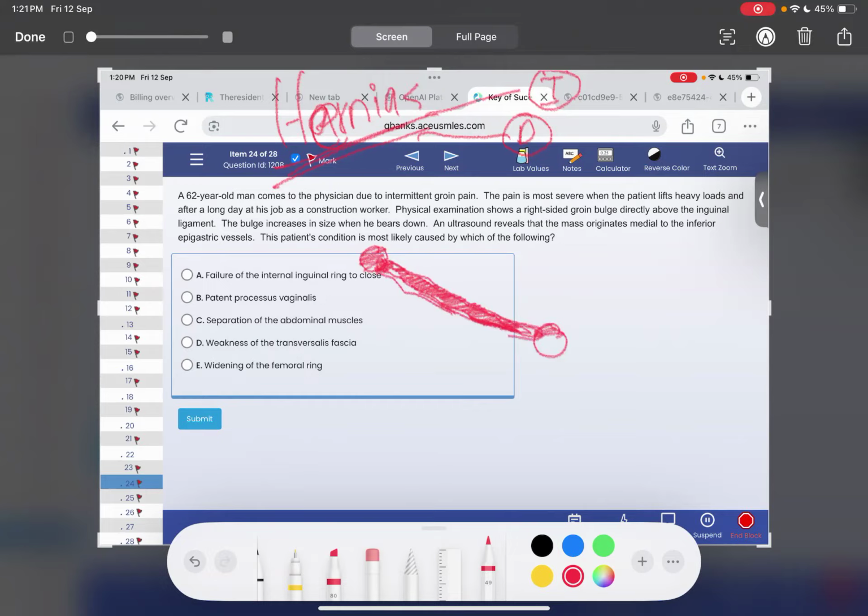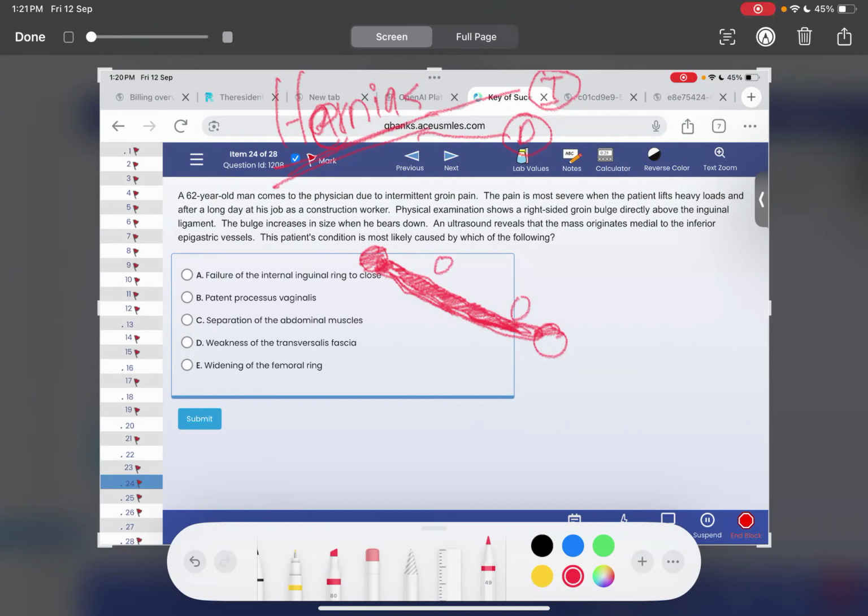I will discuss one question, and then you will automatically give the rest of the answers by yourself. Now go to the concept. This is your deep inguinal ring. This is your superficial inguinal ring.